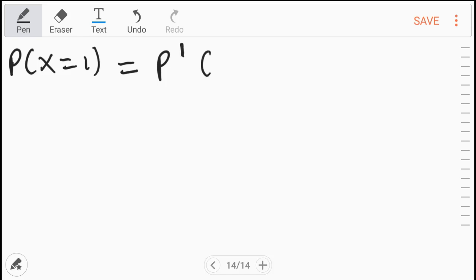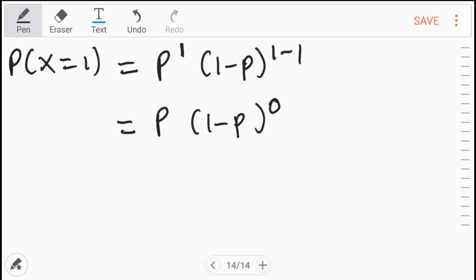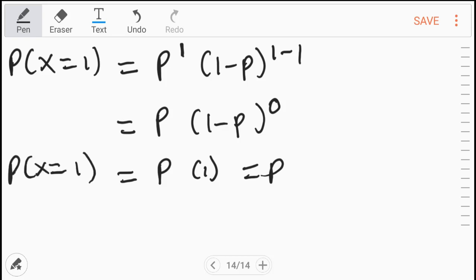So p to the power 1 is p, and 1 minus p to the power 1 minus 1 becomes 1 minus p to the power 0, which is 1. So we end up getting p. So P of x is equal to 1 gives us a final answer of p.